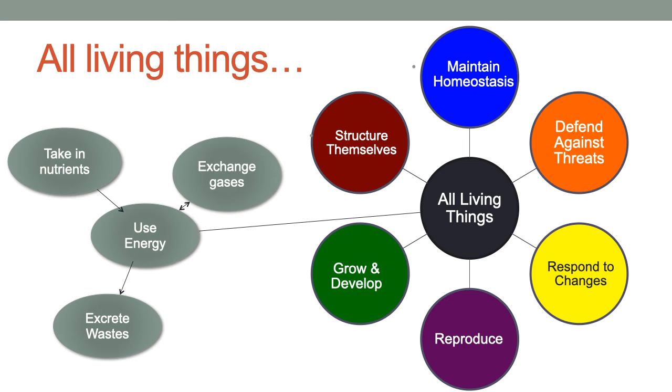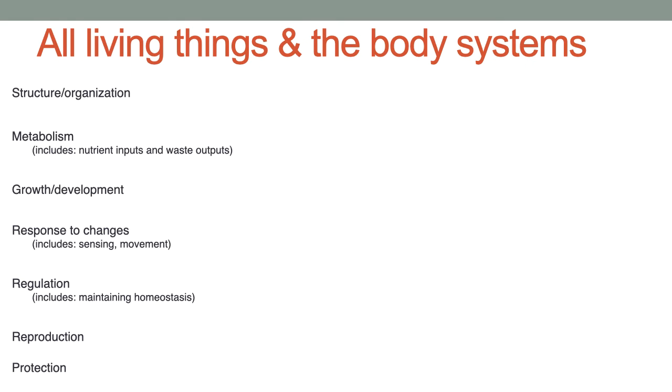Now, as the organism becomes more complex in nature, all of these processes also become more complex, and there needs to be more involvement of other cell types in these processes. So in the human body, we have several body systems that work together to help us perform all of these different essential functions.